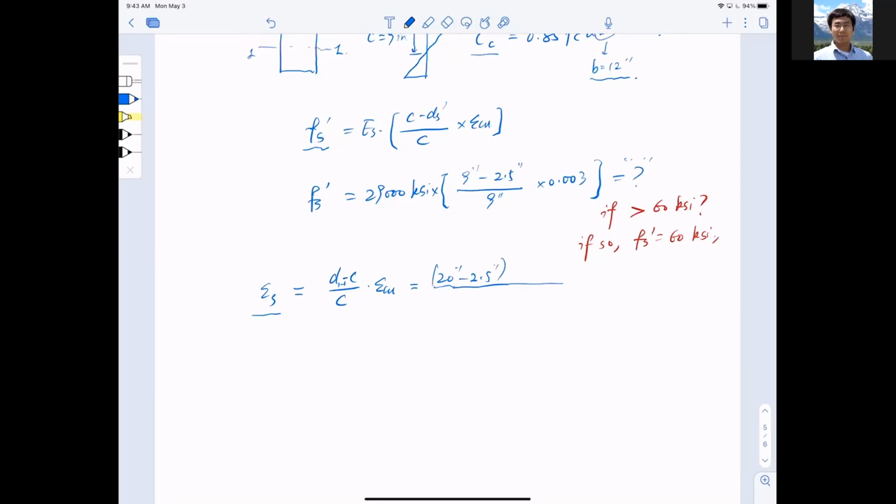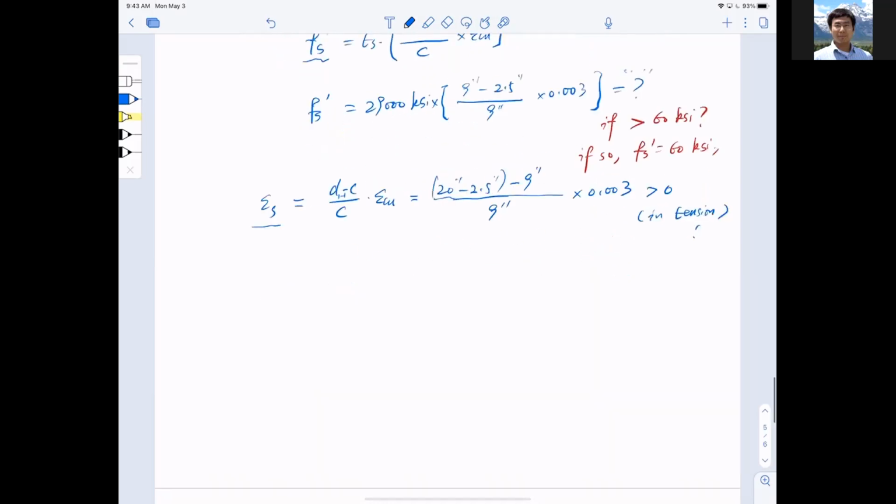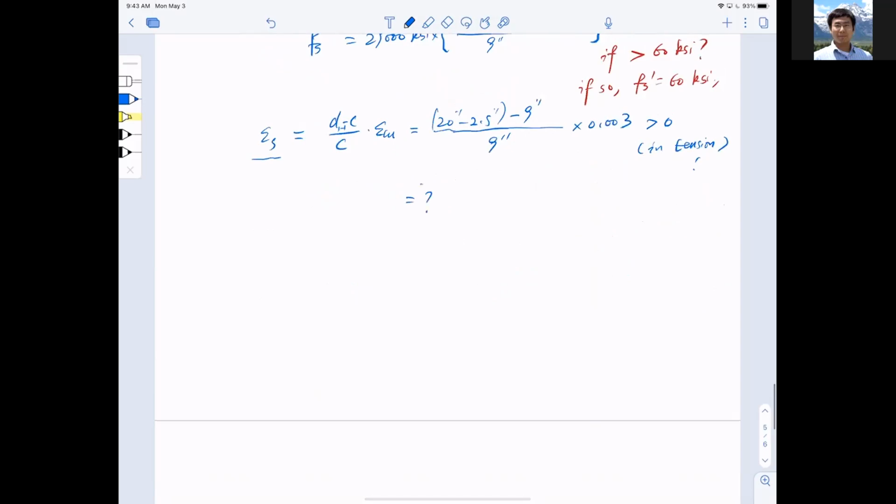Then minus 9 inches, which is given, divided by 9 inches multiplied by 0.003. So I have this strain in tension, positive now, and calculate this out, please.